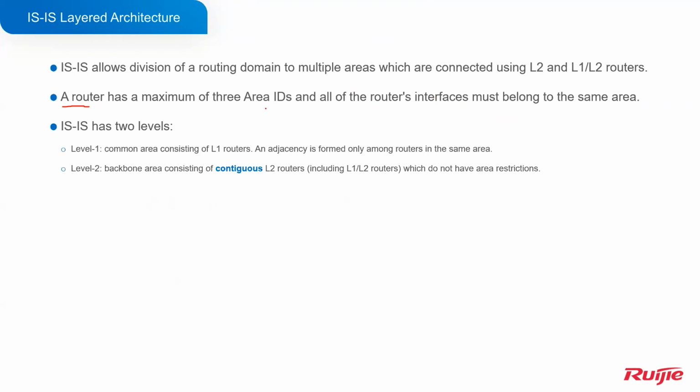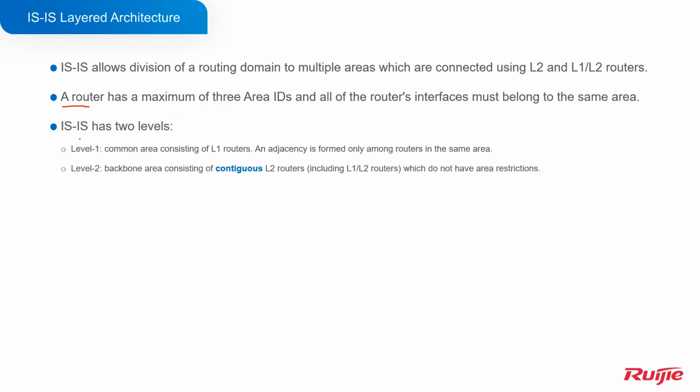For example, at the beginning, one router belongs to area 10, but now because your network will become bigger or maybe smaller, you want to change the area ID to area 20. So you can create area 10 and area 20 at the same time. Your network will not be broken. So this is a scenario. But the maximum number of areas is 3.